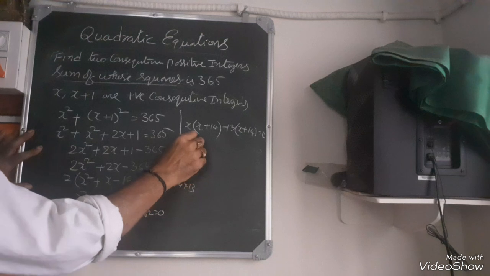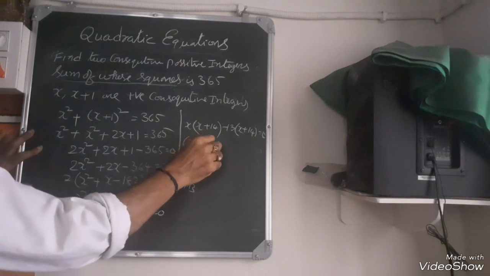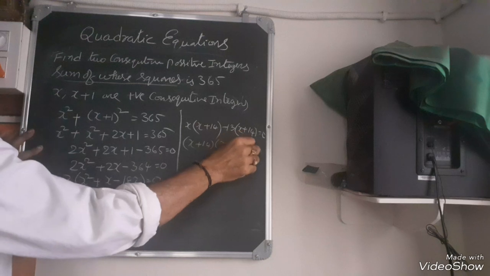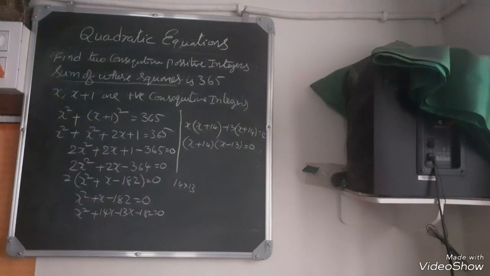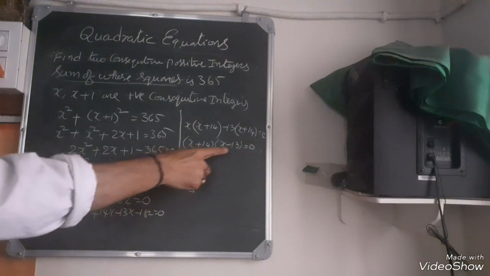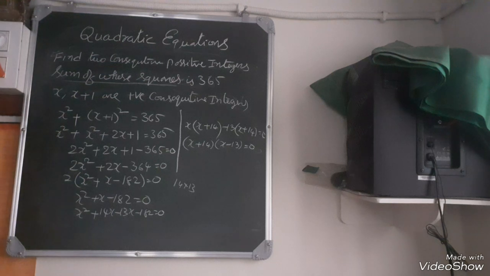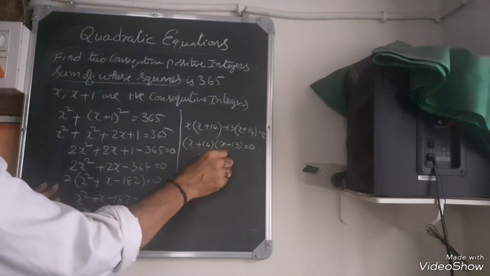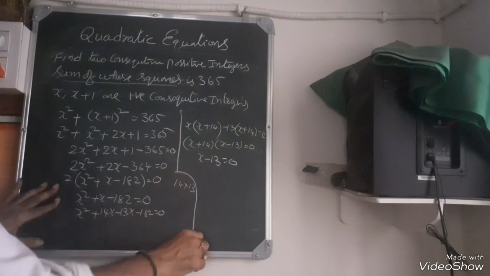Now the factors x plus 14 and x minus 13 equal to 0 we get. If you take x plus 14 equal to 0, we get x equal to minus 14. But he asked for positive integers. So you take x minus 13 only. x minus 13 equal to 0.